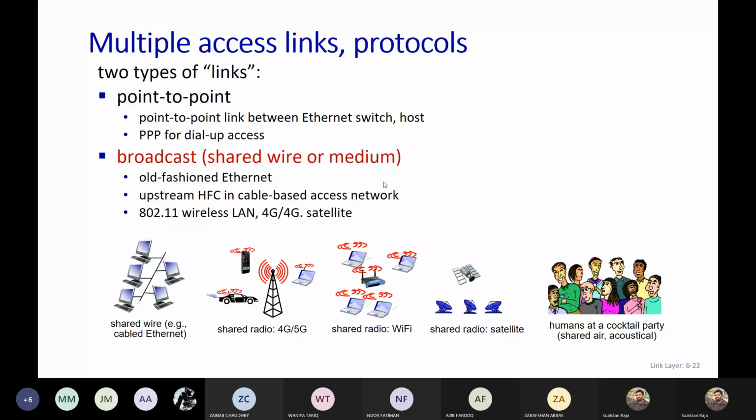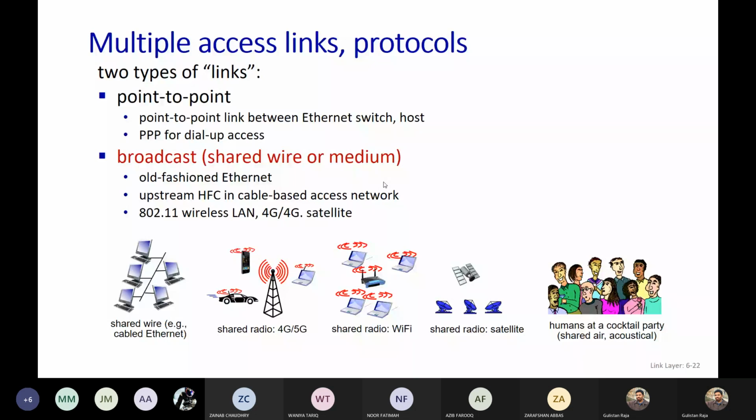Point-to-point link means that there is a direct link between an Ethernet switch and a host, or even a protocol for dial-up access. Dial-up is not used now, but again, a direct line from host to router or something like that is a single line, and no other person is sharing that link. That is known as a point-to-point link.